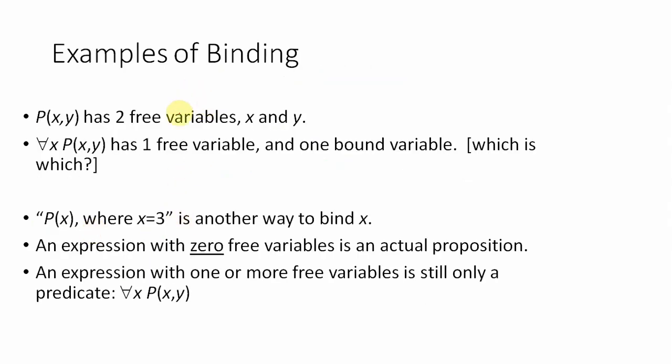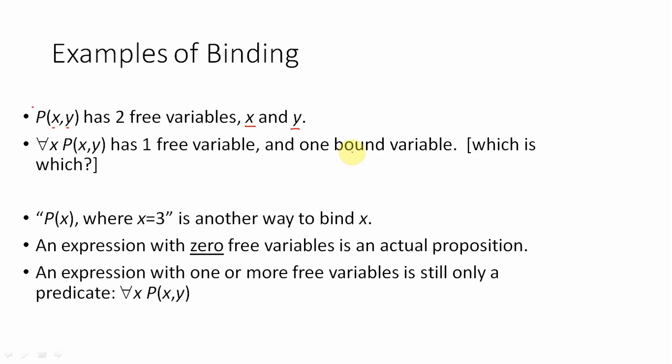So let's see certain examples of binding. P(x,y) has two free variables, x and y. You see there is no quantifier assigned over here, so it has two free variables. One free variable is x and one free variable is y. For all x, P(x,y) has one free variable and one bound variable.